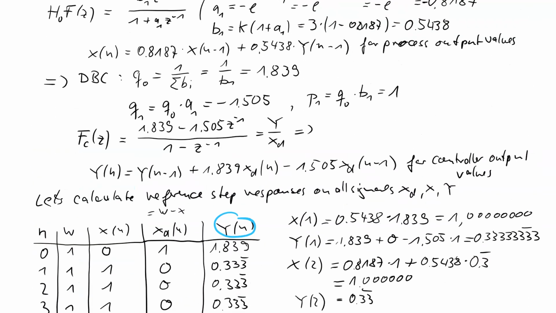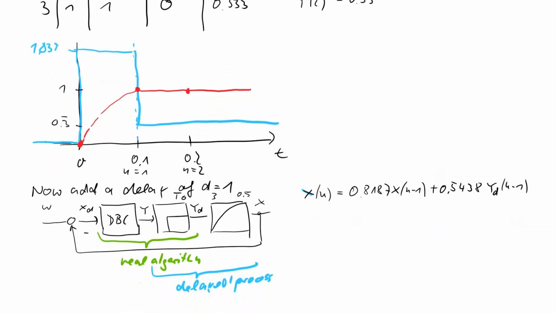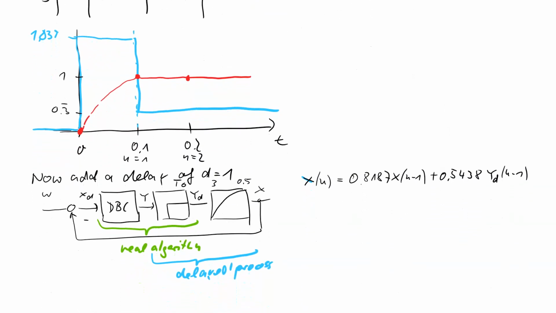That is the input of my unchanged process. We know that yd of n is y of n-1.